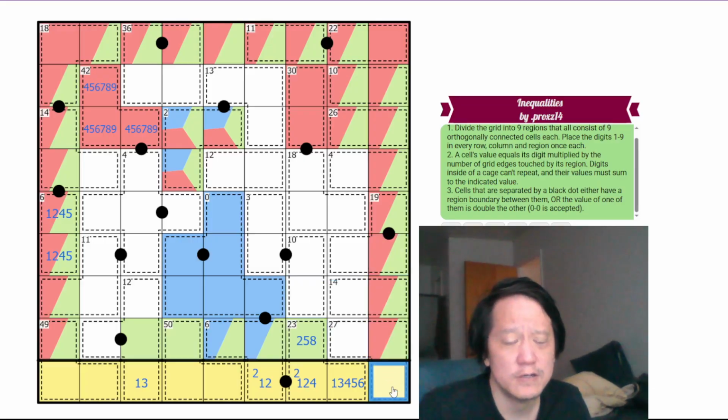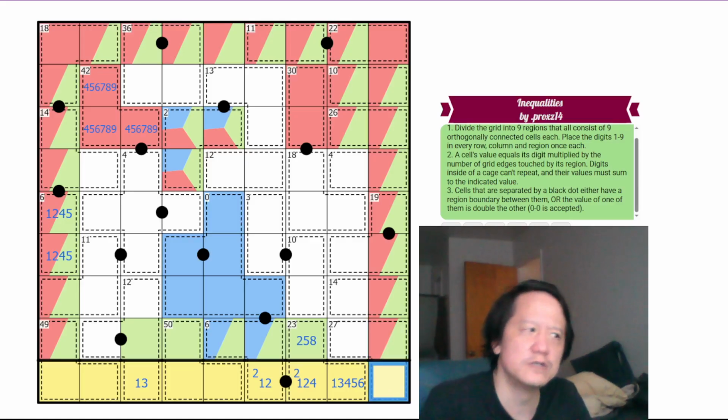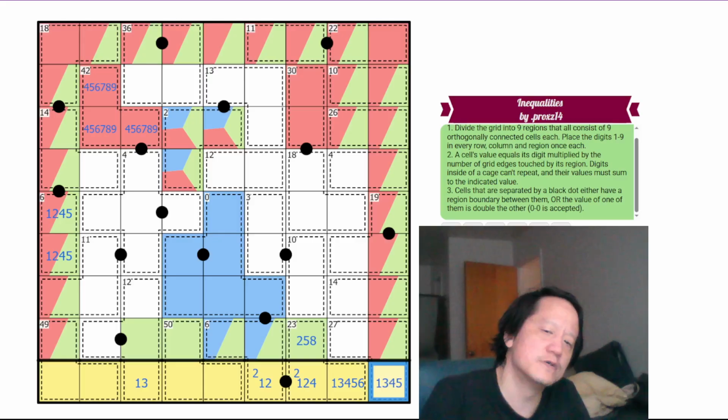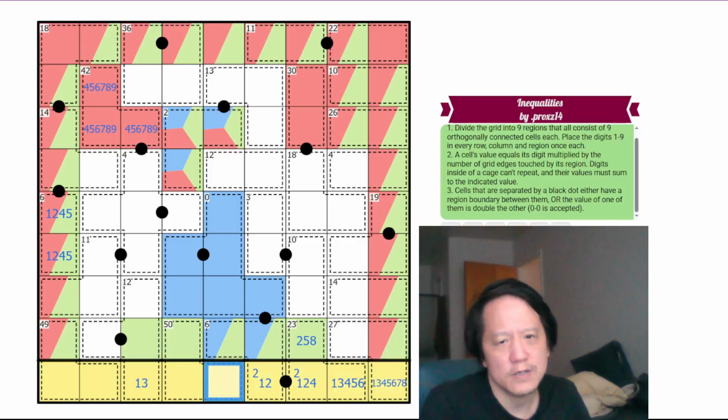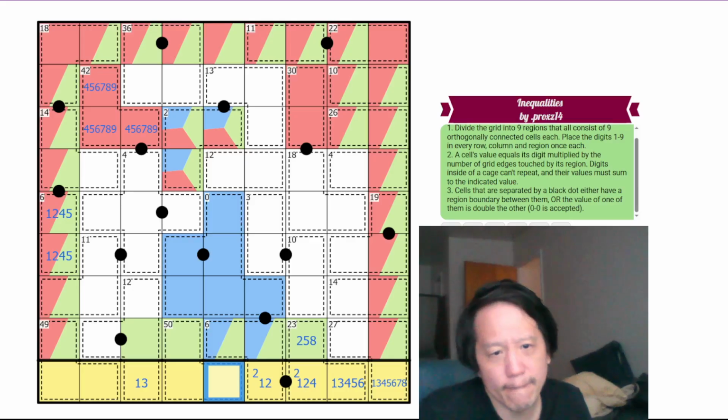1427. This cannot be 9, because this is obviously touching one edge. So this is 8 at most. These add up to either 3, 6, some multiple of 3.